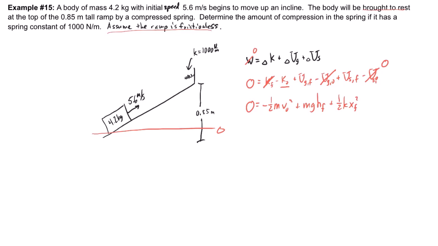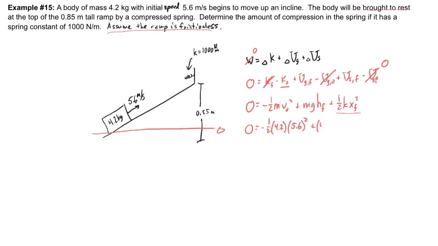We're going to go ahead and throw in as many of these numbers as we can. So we got negative 1/2. Notice again, we cannot cross out the mass. It's tempting to because we could when we did the kinetic and the gravitational potential energies, but we can't do that here because we have the elastic potential energy, which does not have mass in it. So we'll put the mass here, that 4.2 kilograms, and then we will take the initial speed, which was 5.6, and square it.